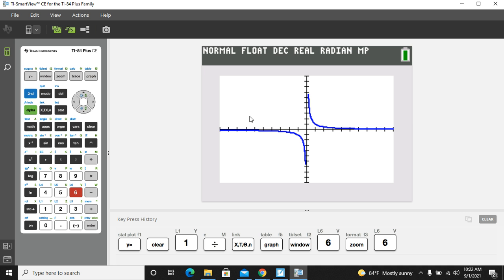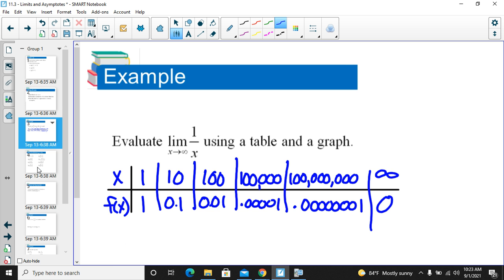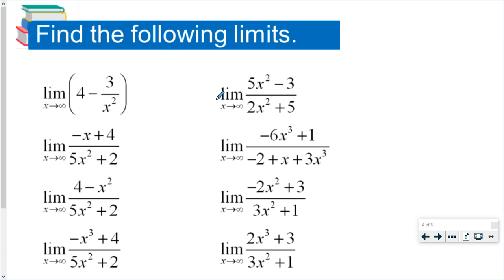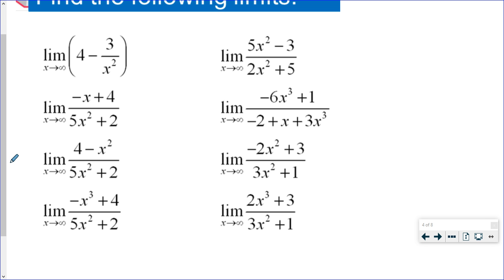Obviously as x goes to infinity, it's going way, way out here. So it doesn't take very long before we see that it's just hugging the x-axis, which means y is 0. And that's only to 10, right? We went out way farther than that very quickly. So with that in mind, let's talk about a couple of these. We'll do a couple together, and then we'll see if you guys can figure out some of the others on your own.